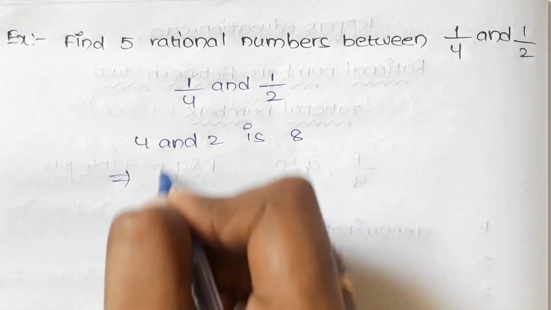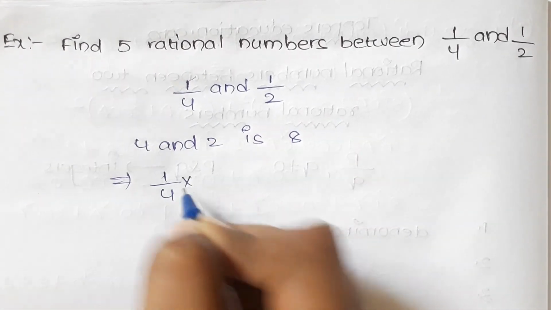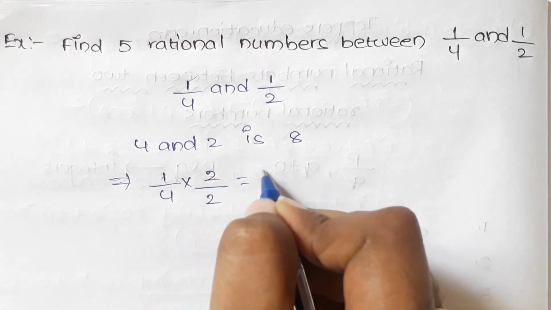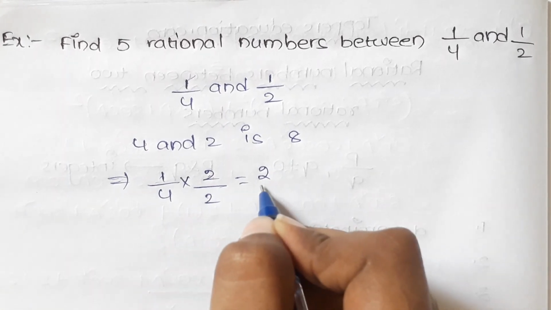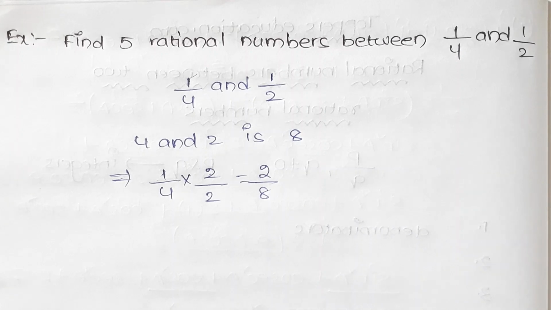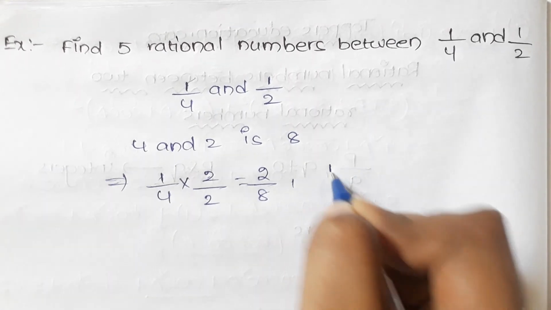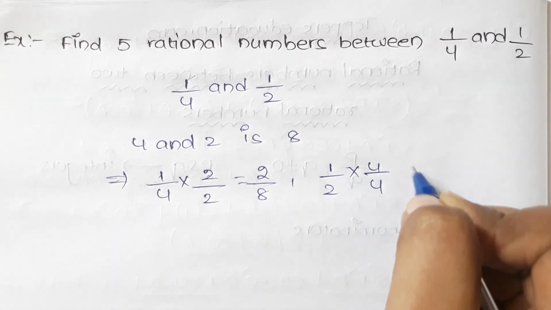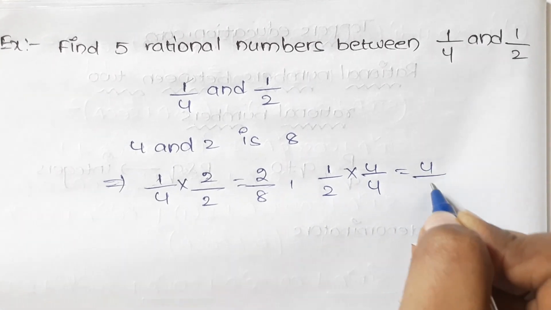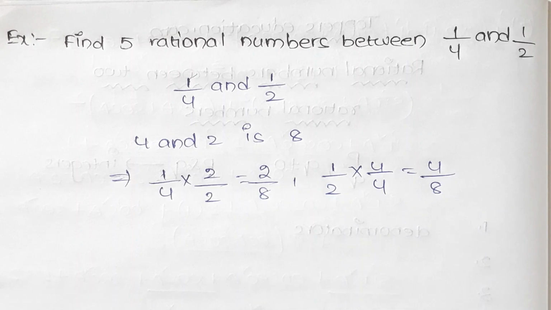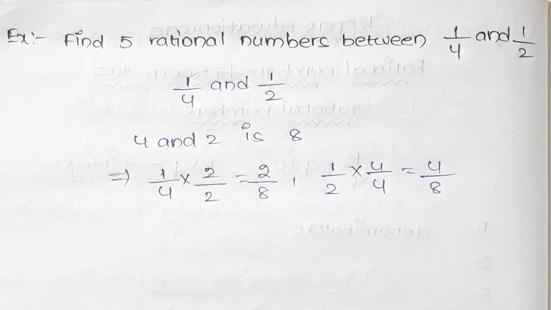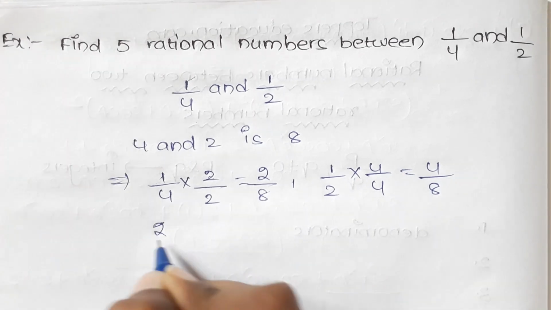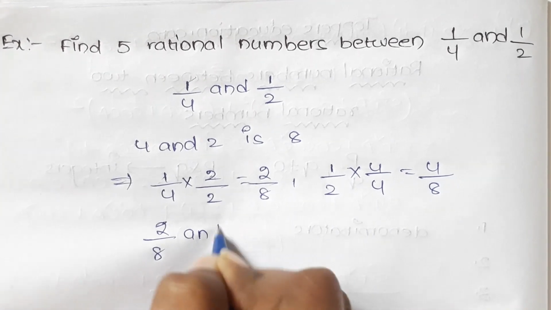Now 1 by 4 is multiplied and divided with 2, then we get 2 by 8. Similarly 1 by 2 is multiplied and divided with 4, that is 4 by 8. The equivalent rational numbers are 2 by 8 and 4 by 8.